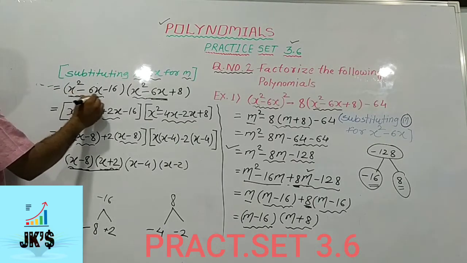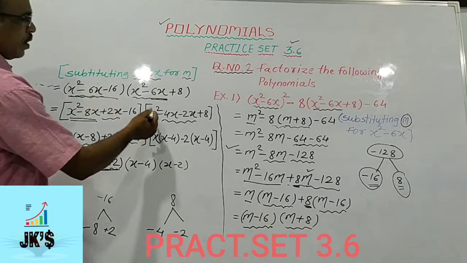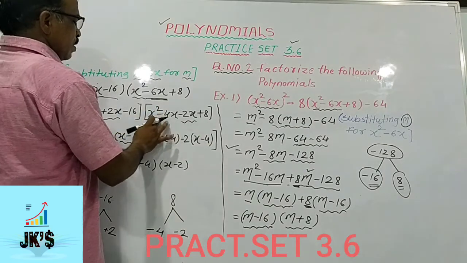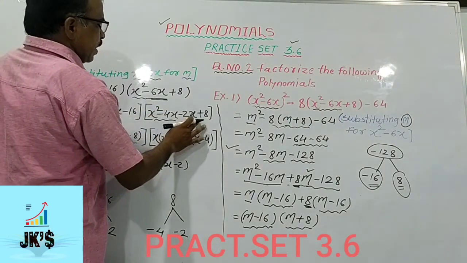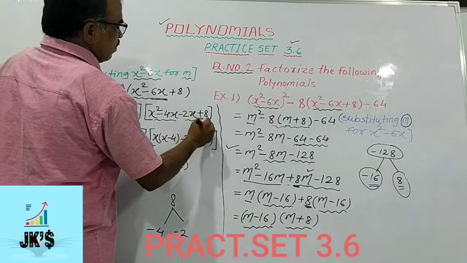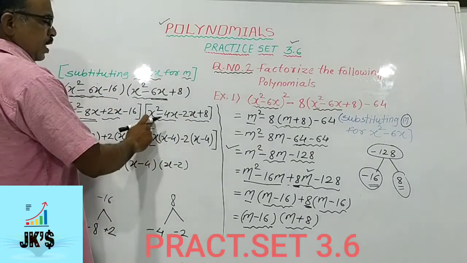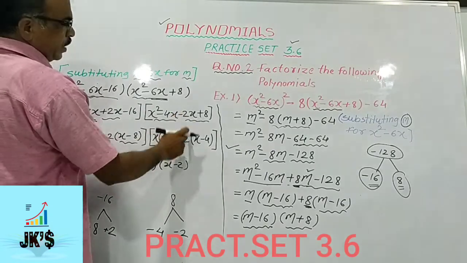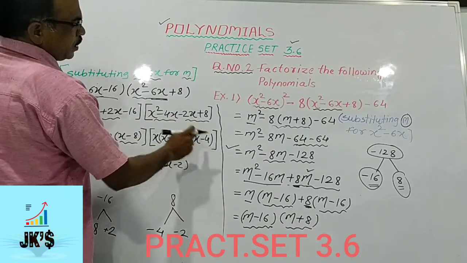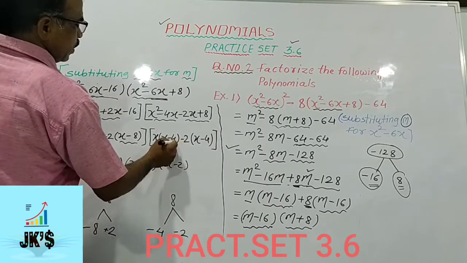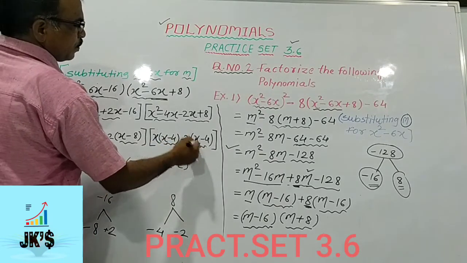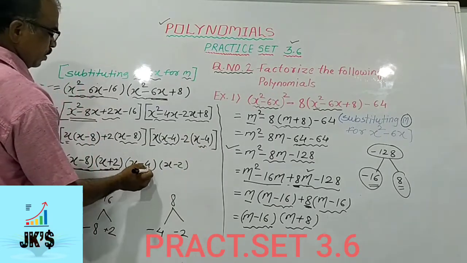Okay, now in this one, the first two terms are x square minus 4x and the last two terms are minus 2x plus 8. x is taken common, x minus 4. Minus 2 taken common, x minus 4. x minus 4 taken common.